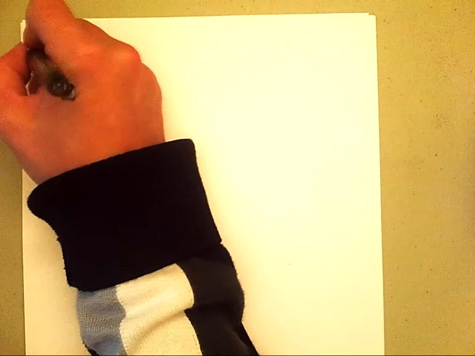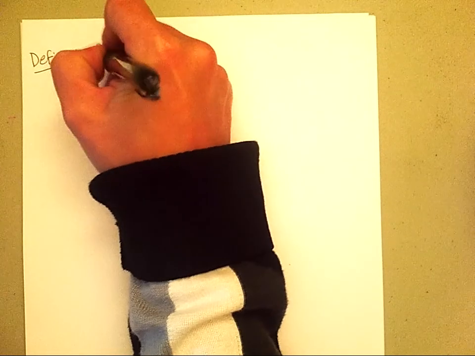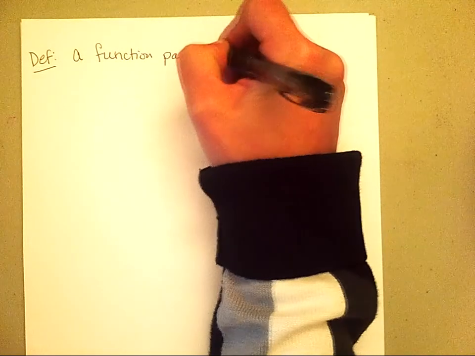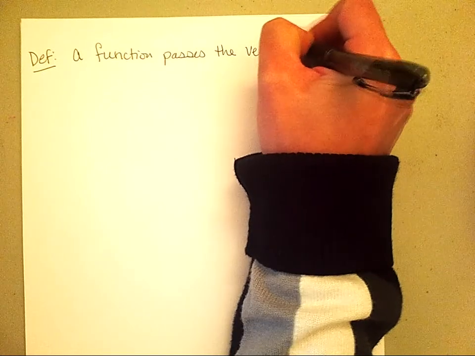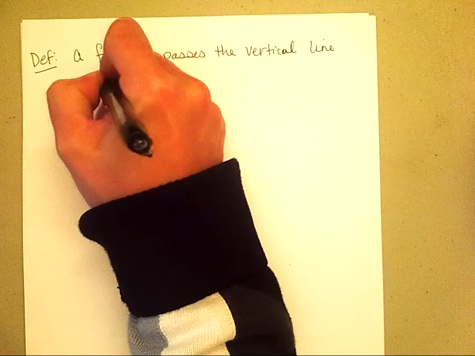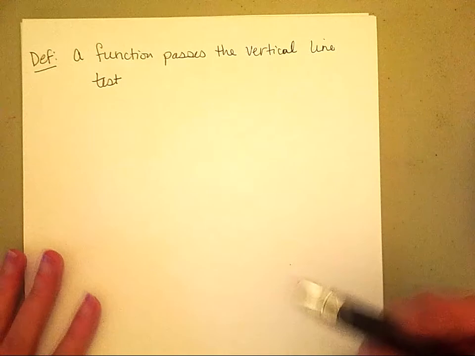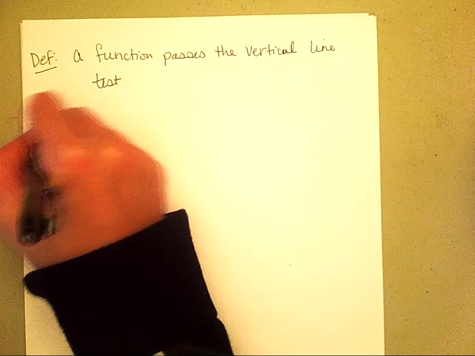Okay. So now, we remember by definition, a function passes the vertical line test. You saw me do that just on that last example. I was drawing vertical lines through. So we know that. Why is that? It's because of this definition of a function.